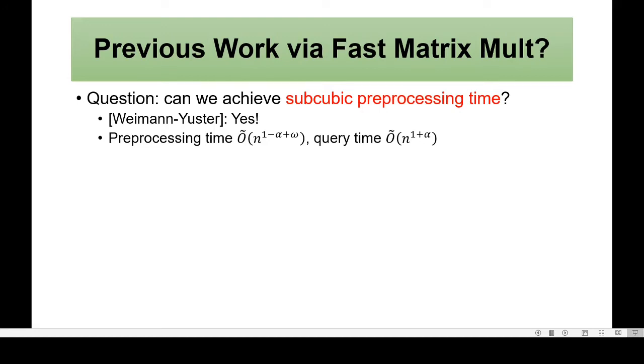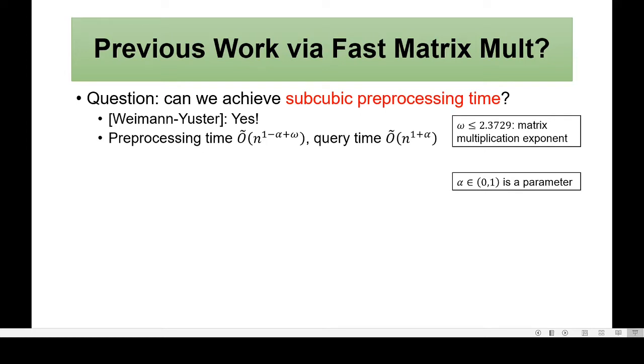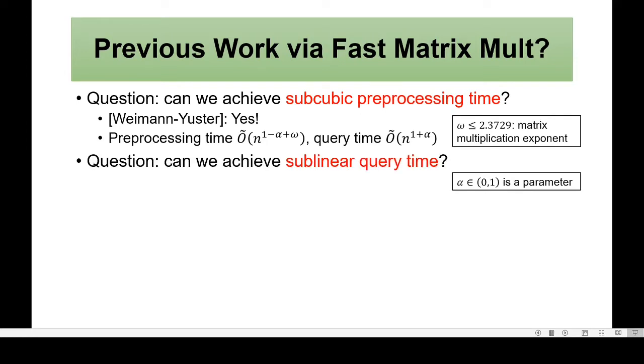They gave a DSO with preprocessing time O(n^(1-α+ω)) and query time O(n^(1+α)). Here, ω is the matrix multiplication exponent, and α is a parameter between 0 and 1 of your choice. Notice that the query time for this DSO is superlinear, so a natural question is, can we achieve sublinear query time?